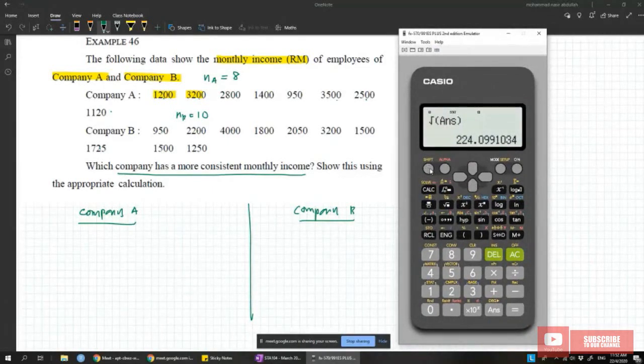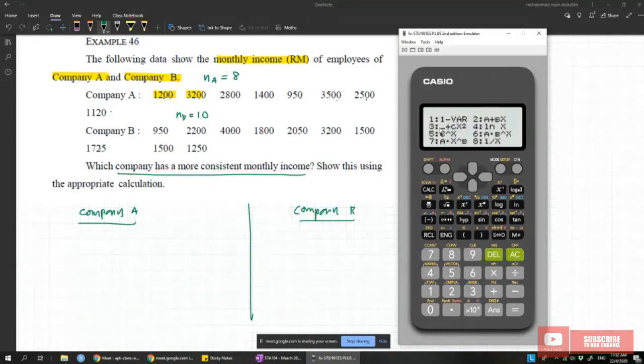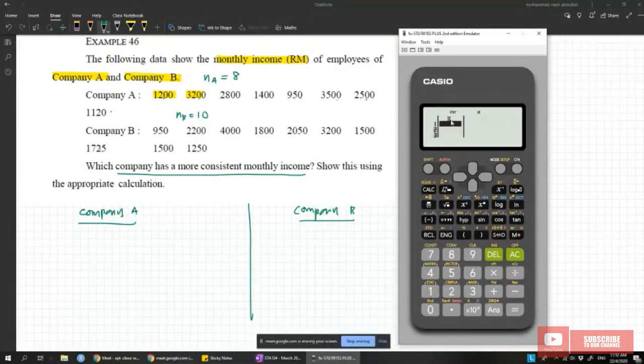So now we press shift 9 and 3 to clear all the memory. Since this is ungrouped data, you do not need to turn on the frequency, right? You just click on mode and find 3 for stat and choose 1 for 1-variable.